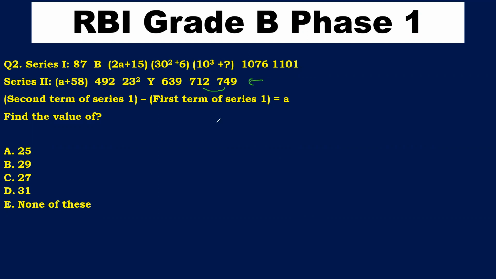If you check this difference, that difference is going to be 37. Subtract 37, or you can add from this side 37. Now if you check this one, we are getting added 73. And if you check this one, 23 square is 529, so we are getting added 529 again.